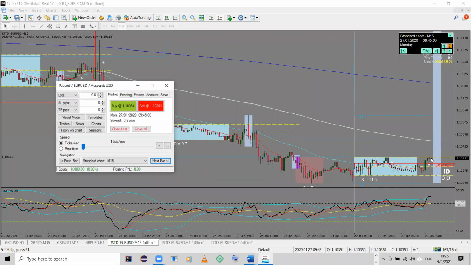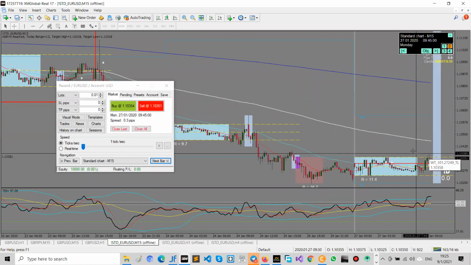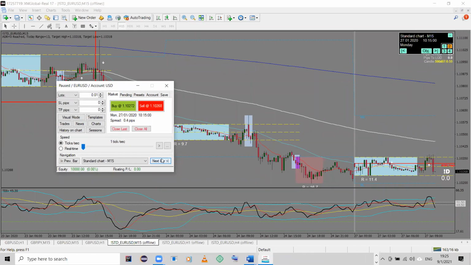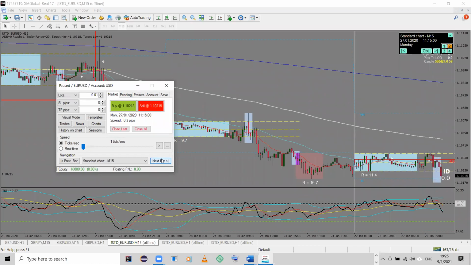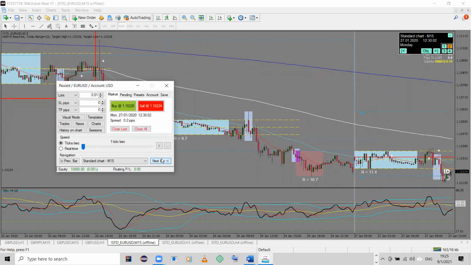The next candle that was supposed to validate my trade was a spinning top, and since the spinning top means indecisive, I'm not going to take it. I'm going to wait for another candle. Then it suddenly dropped. So it was a trap, but let's wait. I'm waiting for a signal, something bullish.